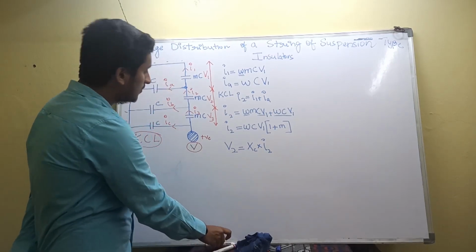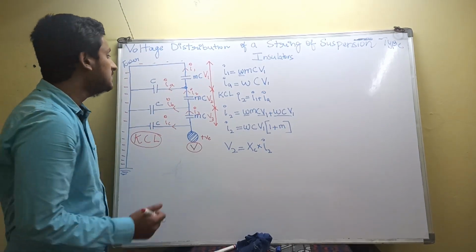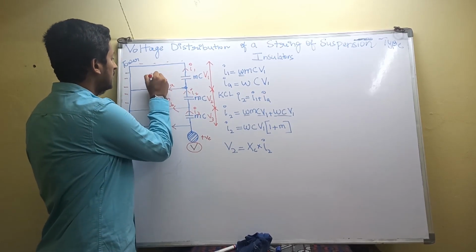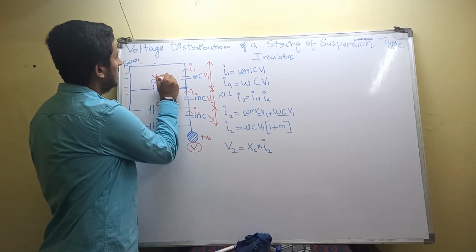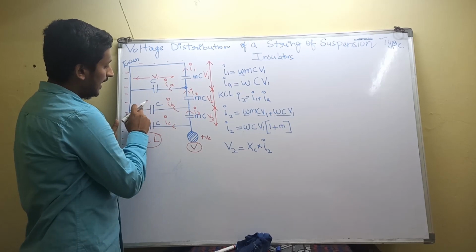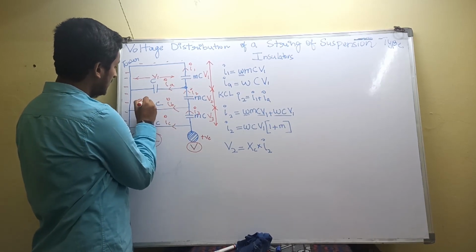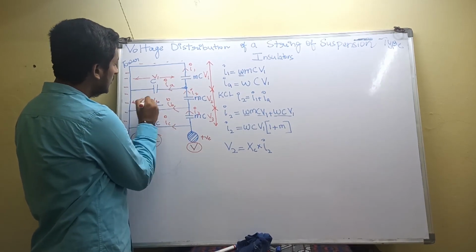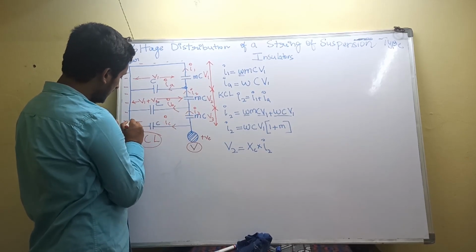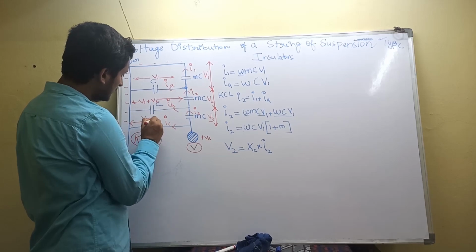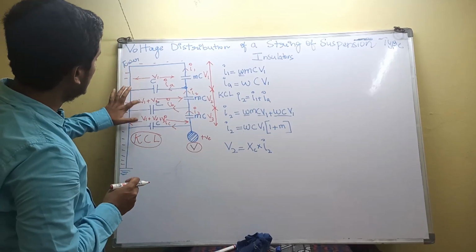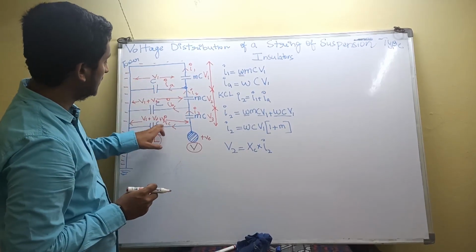Now I forgot to write one point here. At the shunt capacitances, we have V1 as the voltage from here to here. Next, at this shunt capacitance, we have V1 plus V2 as the voltage. Now, at this shunt capacitance, we have V1 plus V2 plus V3. This is the voltage distribution: V1, V1 plus V2, V1 plus V2 plus V3, that is equal to V.